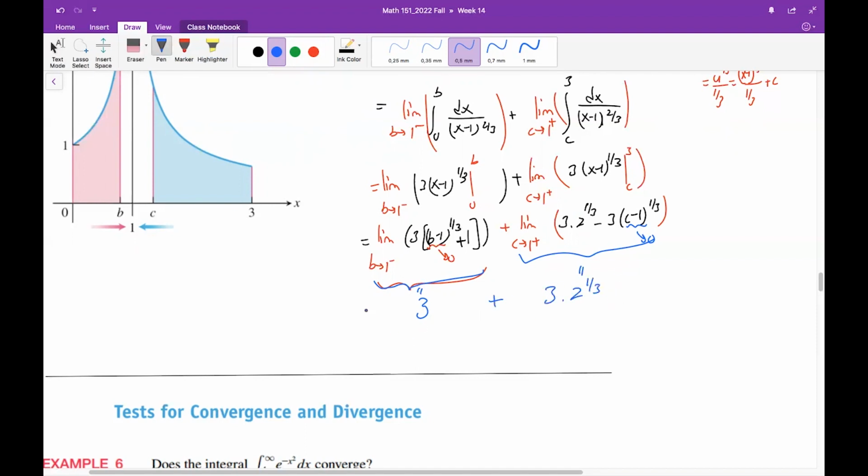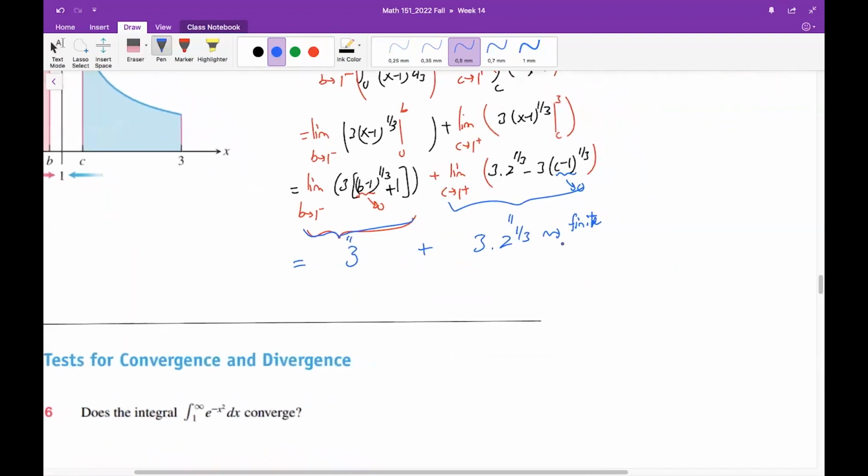And as you can see, the result of the integral is a finite number, which means I can call the improper integral convergent. So since it is a finite value, the improper integral that we computed is convergent. If it were infinite, we would call the improper integral divergent, okay?